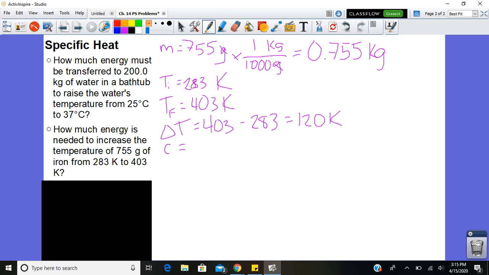I'm going to go into my book and find my specific heat for iron this time, which is 449 joules divided by kilograms times Kelvin. And now I should be able to solve.